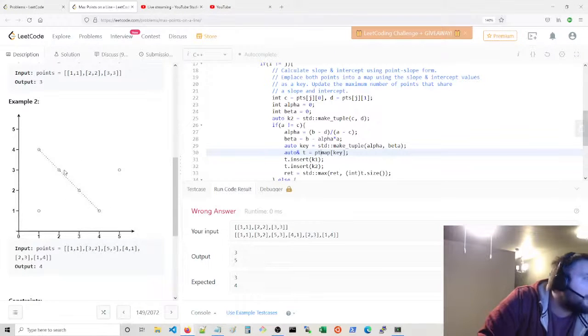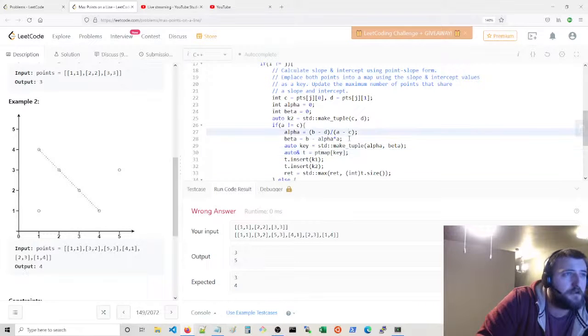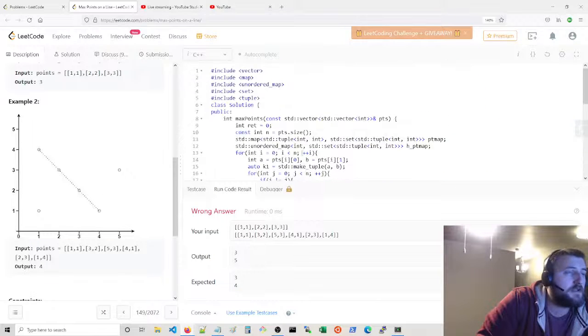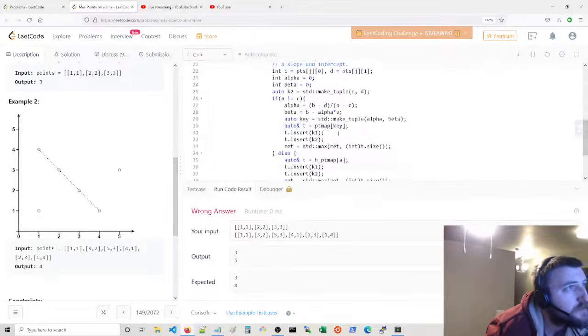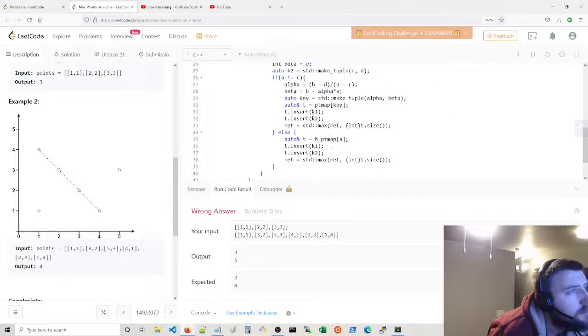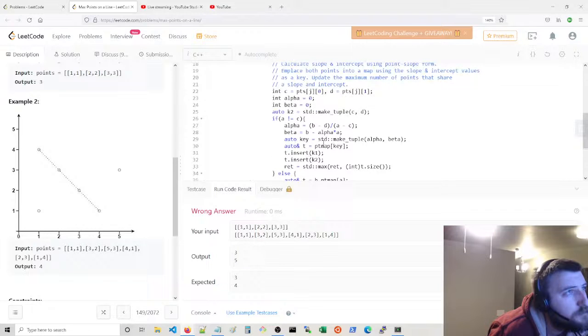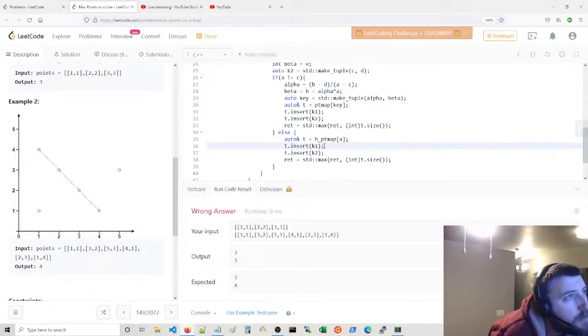So we got 5. How do we get 5? What are the values at the end of this here? Oh no, yeah. So you use the key for alpha beta. This key is the x coordinate.